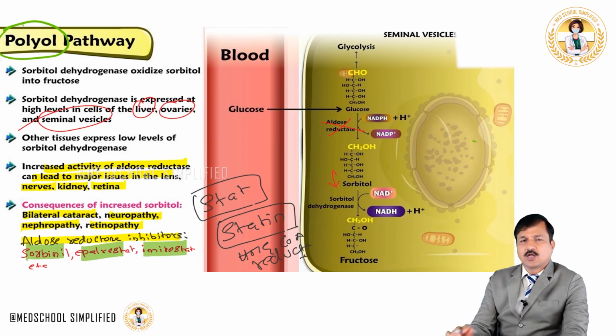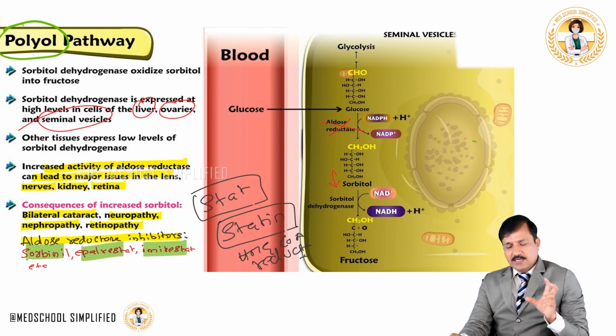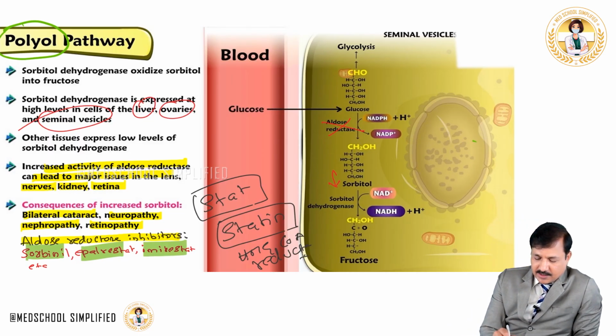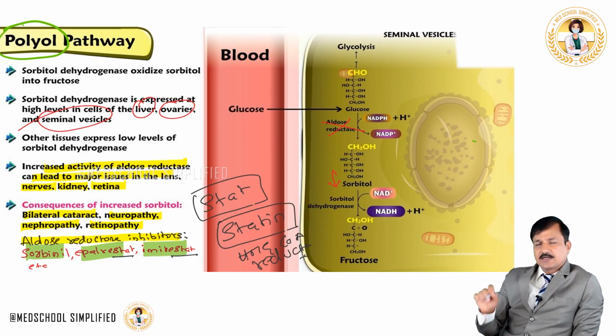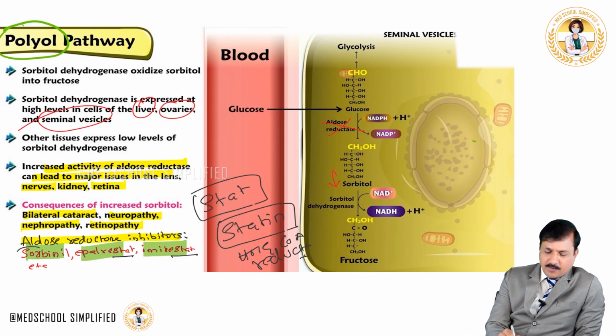That is in cholesterol metabolism. In hypercholesterolemia, we use the drugs that end in statin. Whereas any drug that ends in stat, as shown here, epalrestat, imirestat, right? Look for the stat at the end. Those are aldose reductase inhibitors, along with sorbinil.